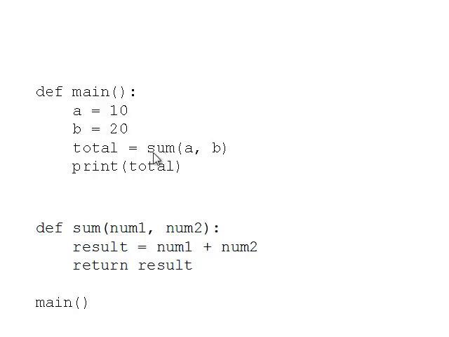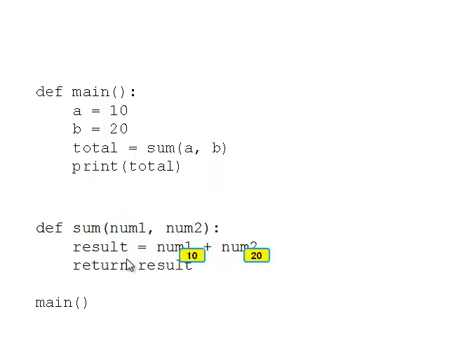This is where we call the sum function. total equals sum, and we're passing a and b as arguments. So when this statement executes, the sum function is called, and the values of a and b are passed as arguments into the num1 and num2 parameters. So that means that in the sum function, num1 is assigned 10 and num2 is assigned 20.